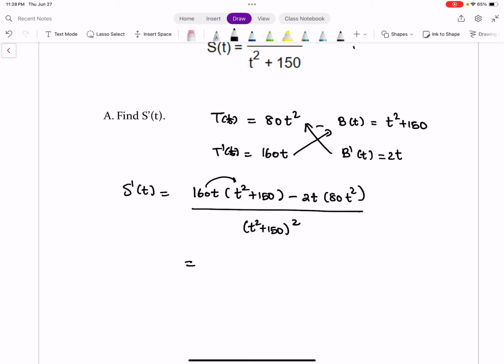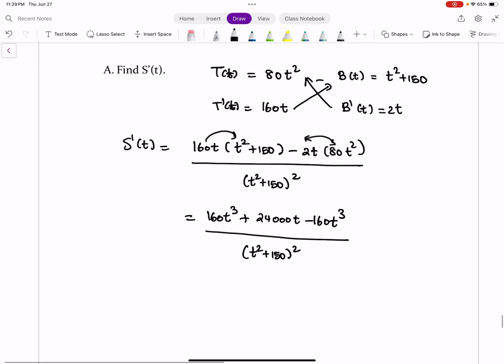This multiplied by this is 36t cubed, and 36 multiplied by 150, make sure to use your calculator, I got 5,400t. This one is 2 times 18 is 36t cubed, divided by t squared plus 150 the whole square.